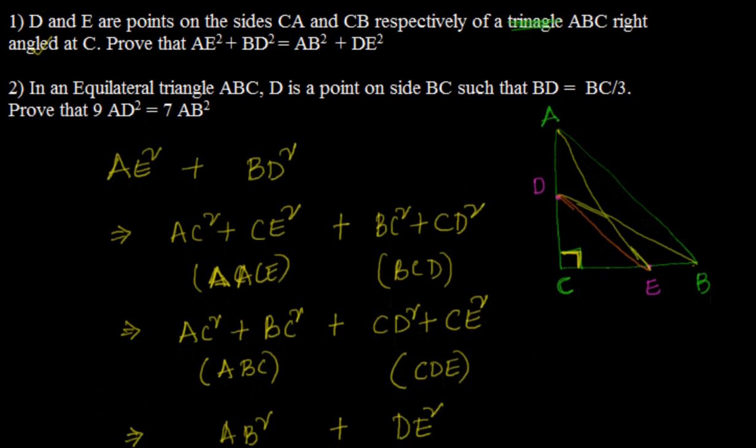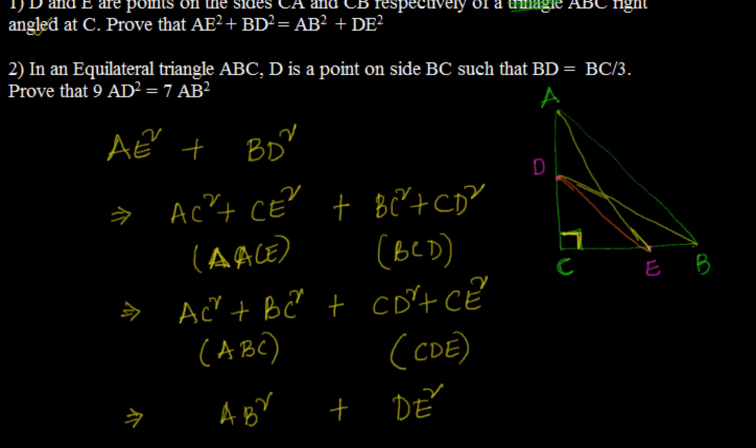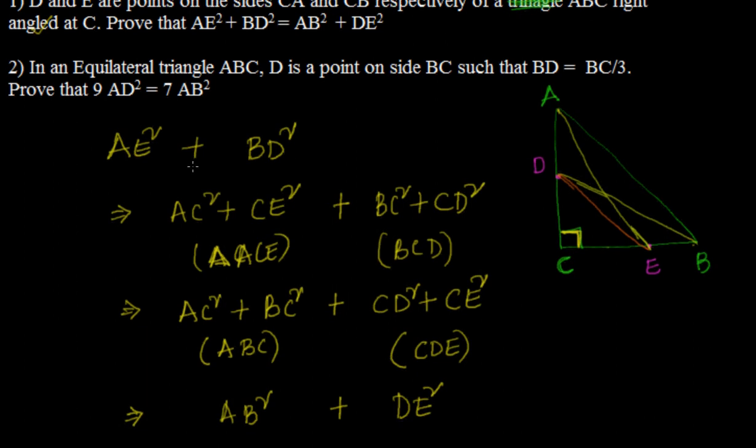Let's go back and see. AE square plus BD square equals AB square plus DE square. How have we done that? Whatever is given to us, we have kept on the left hand side. AE is the hypotenuse of triangle ACE, so AE square is AC square plus CE square.